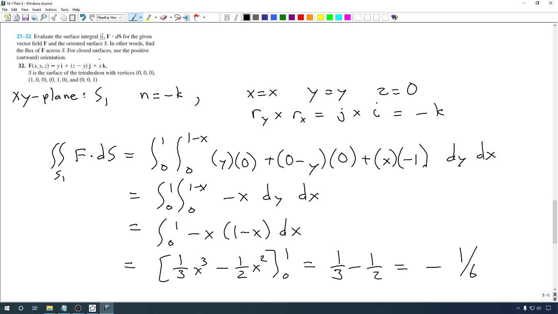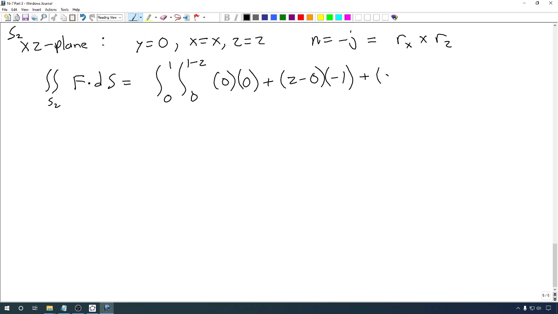Then we move on to our third component of F, which is x, but that's times the third component of our normal vector, which is 0. And I said this was dx dz. Of course, everything simplifies quite nicely. This is 0, that's 0. This is just z times negative 1, so minus z, dx dz.